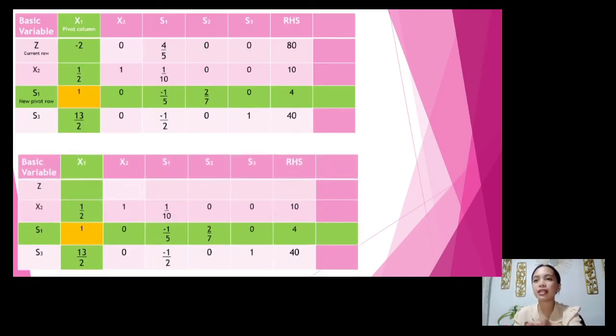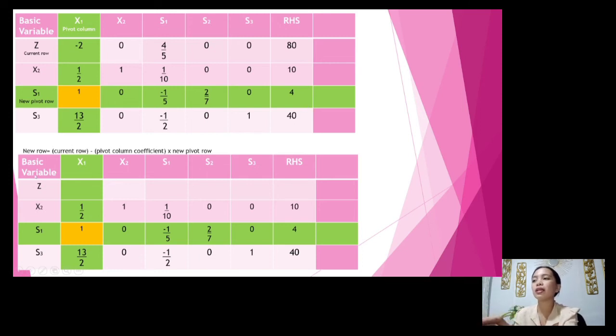Next we should get the value of z. It's the same process. To get the new row, we subtract from the current row the pivot column coefficient multiplied by the new pivot row. So this is now our new pivot row.